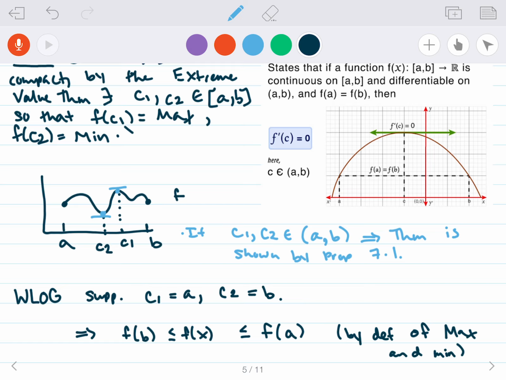We said C1 was A, and f of C1 is the max, so f of A is bigger than or equal to any other value on AB. And since f of B is f of C2, this is the min, so f of B is less than or equal to f of x. So we know that that is true.